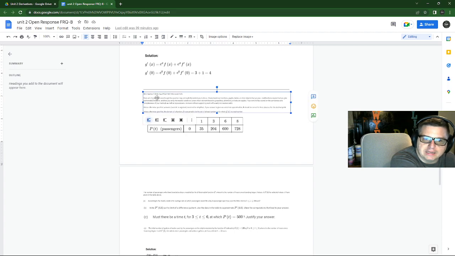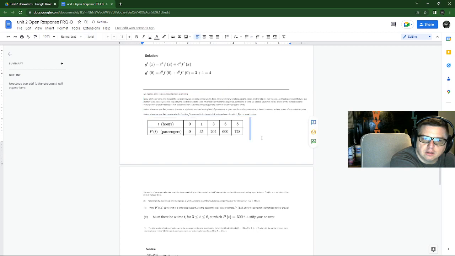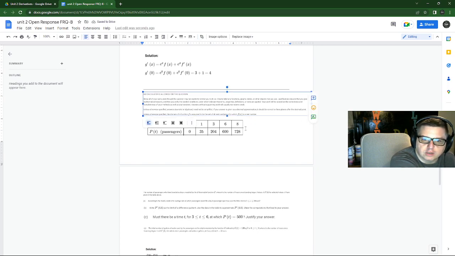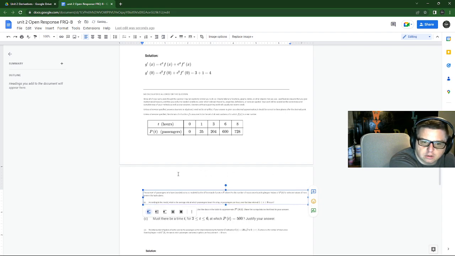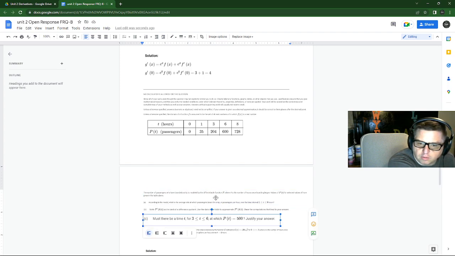This is your basic setup, what they say most times when you're doing this. It's telling you it's a non-calculator question. Here's your table, which starts to give you some basic information. The number of passengers who boarded a ship is modeled by the differentiable function p, where t is the number of hours since boarding began, and values of p at t for selected values of t are given in the table above.